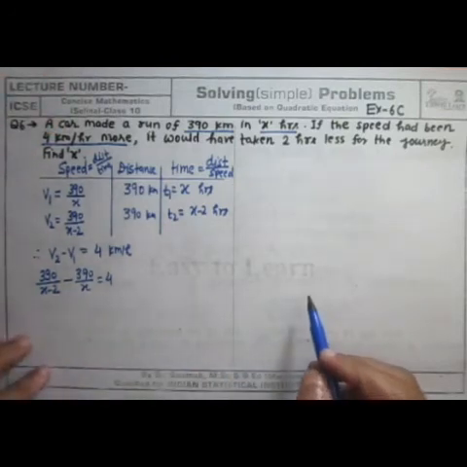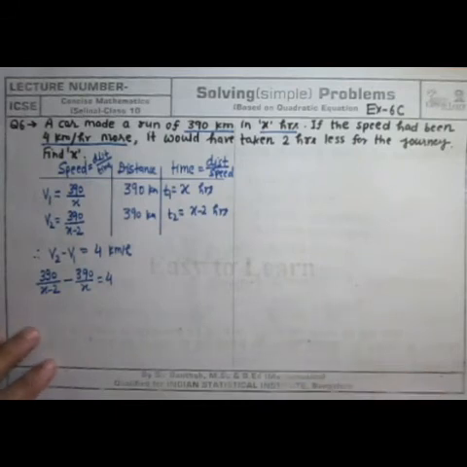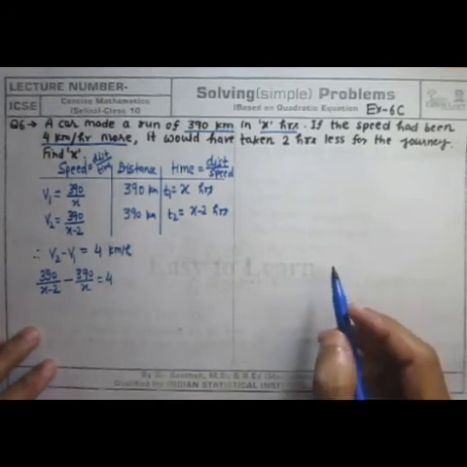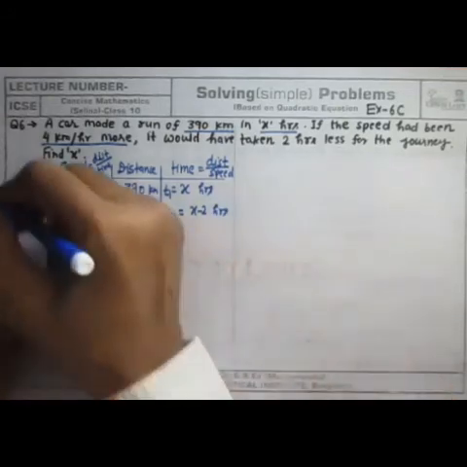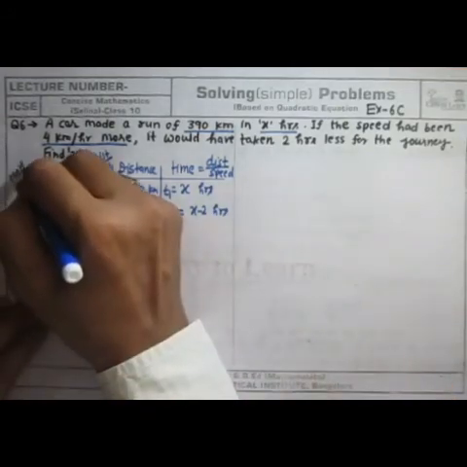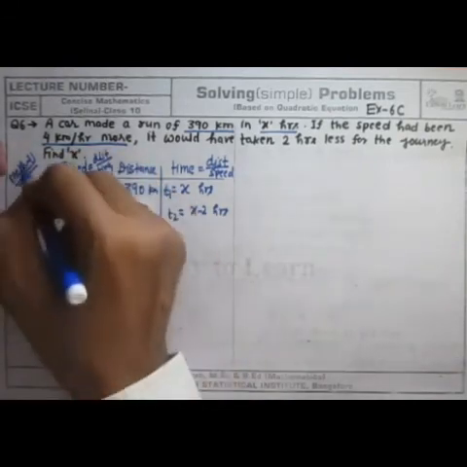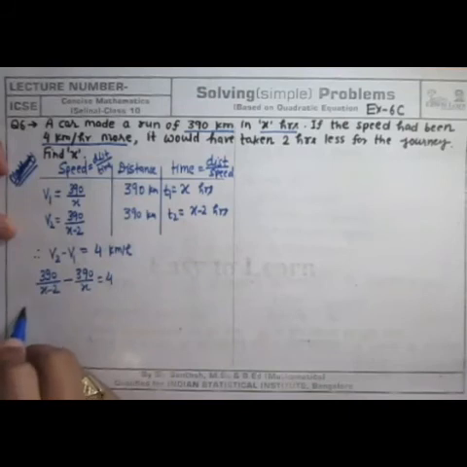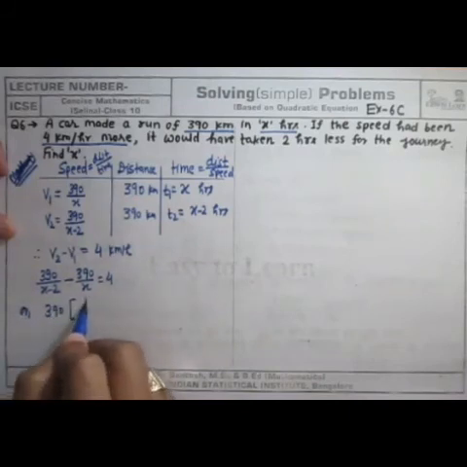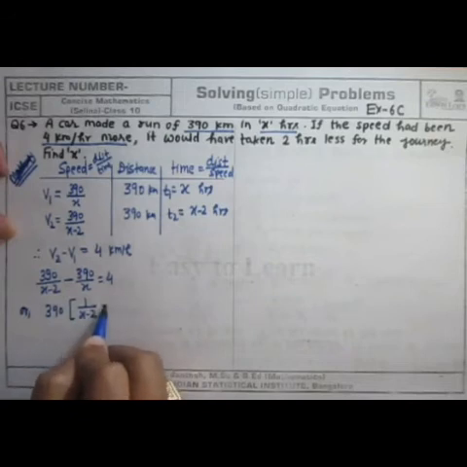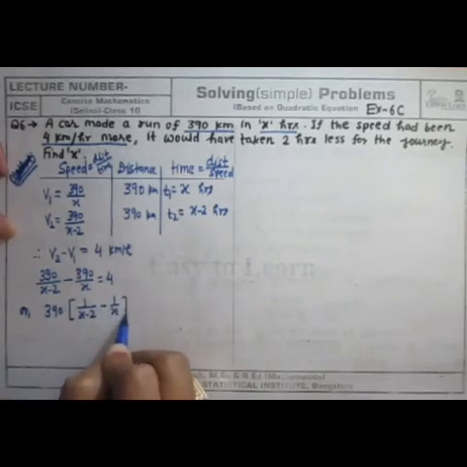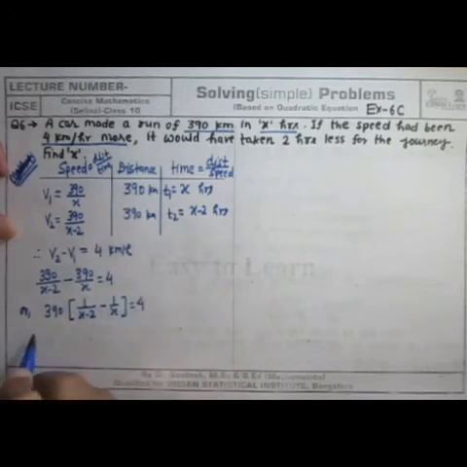Now we can solve this question by another method also. Clear? This is method 1. After this I have not solved. Okay, let me solve. 390 bracket 1 by x minus 2 minus 1 by x is equal to 4.